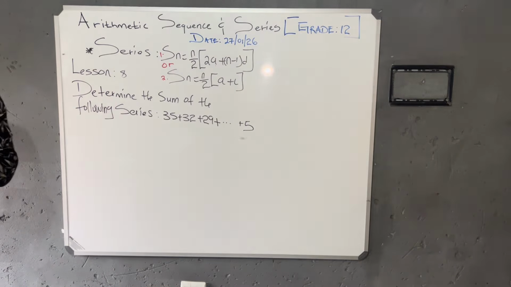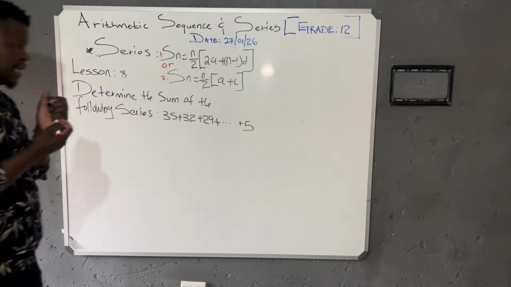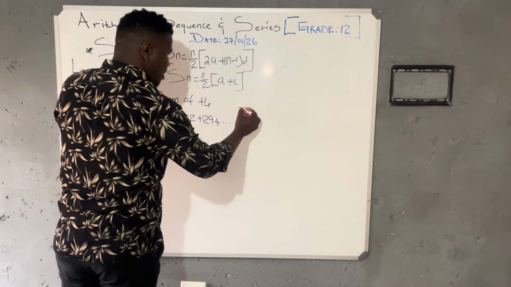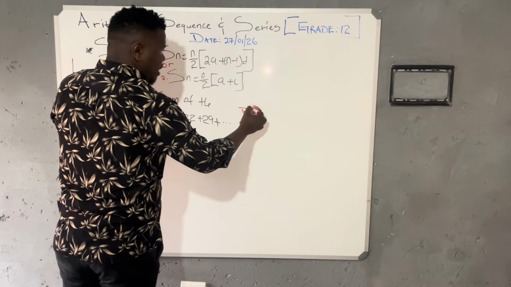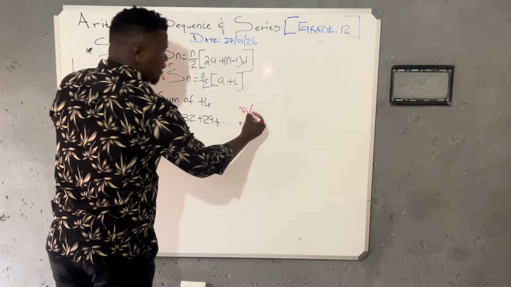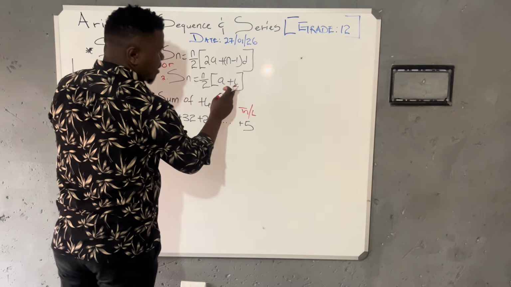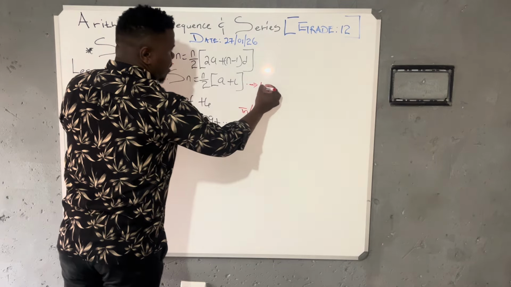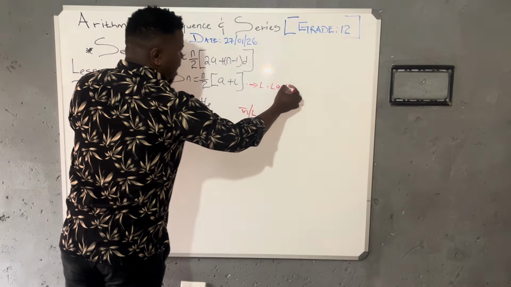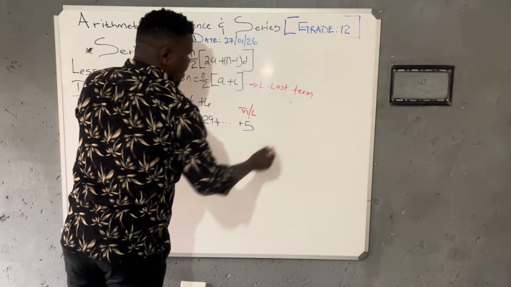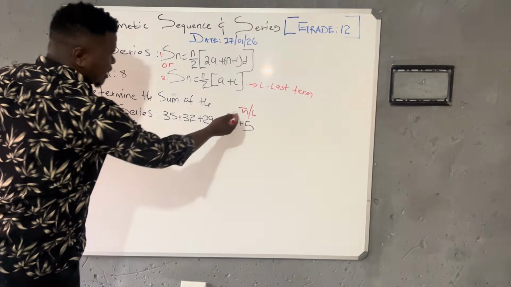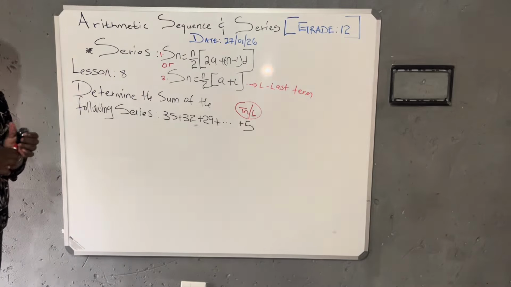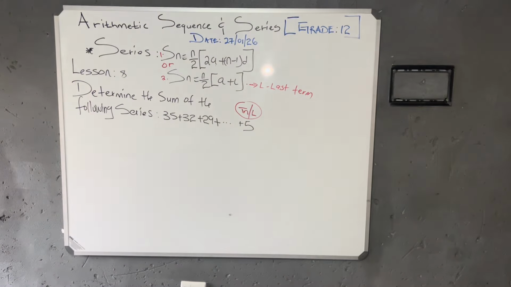But let us be aware that it can be used as Tn, it can be used as L, L being the last term. So we can use it in either one of the two. It always depends on the situation, what we have and what we don't have.